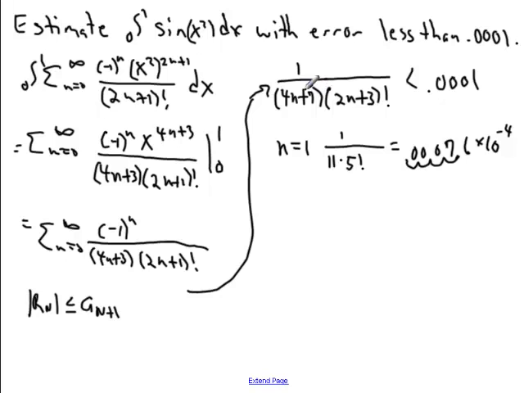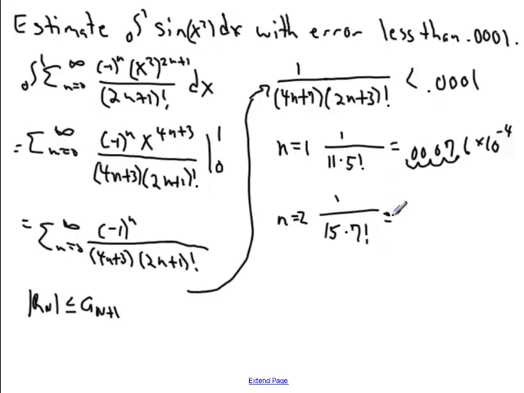And since the term here has a factorial in it, I'm sure that if we do just n equals 2, that's going to be enough to get our error small enough because of the presence of this factorial here. So let's evaluate n equals 2 and see what we get. 1 over 4 times 2 is 8 plus 7, 15, multiplied by 2 times 2 is 4 plus 3 is 7 factorial.